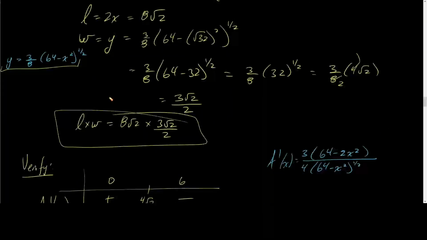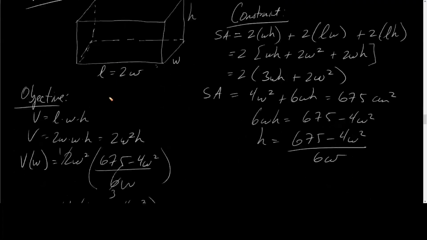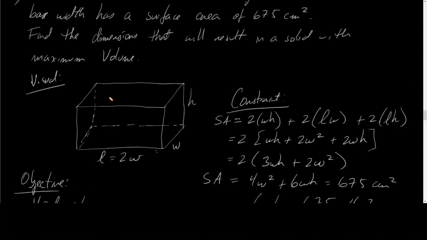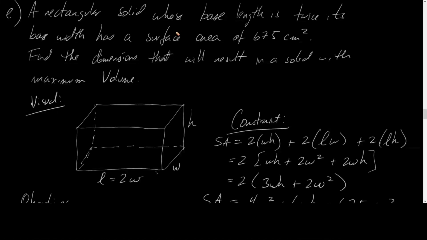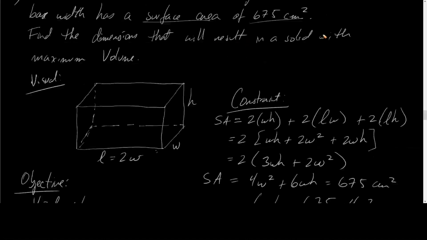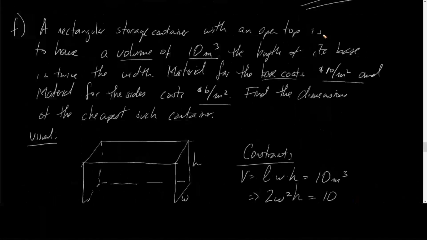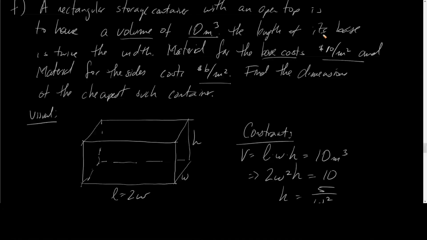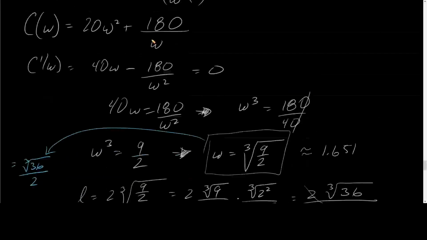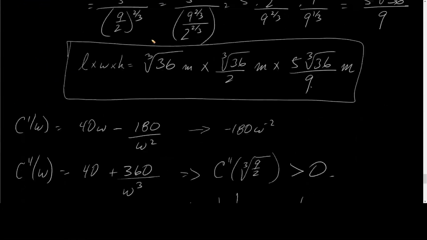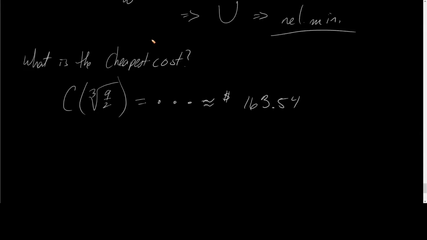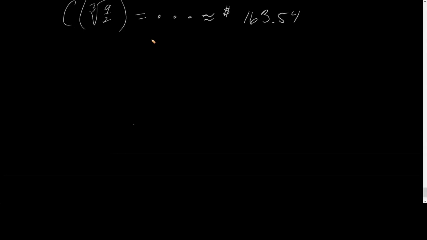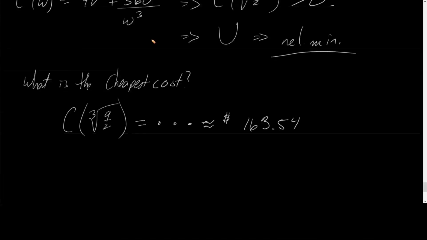And in E, we had a fixed surface area. And in the last one, we were restricted by a fixed volume. All right. So it's always figure out what the constraint is, right? What are your restrictions? And figure out what your objective is. What are you trying to maximize and what are you trying to minimize? So that's the end of 4.7.